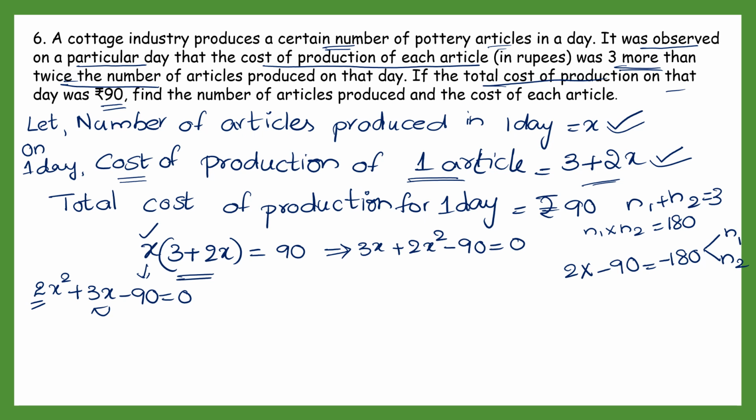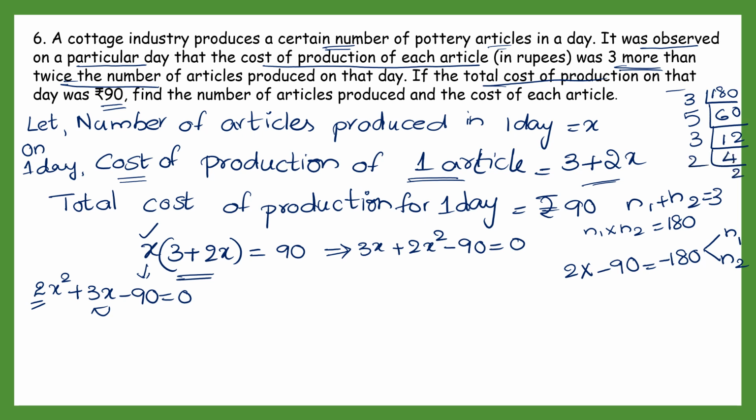What is the easy way? If the number is big, we should do prime factorization. So let's do prime factorization for 180. 3 6s are 18, 5 1s are 5, 5 2s are 10. Again 3 4s are 12, 2 2s are 4.